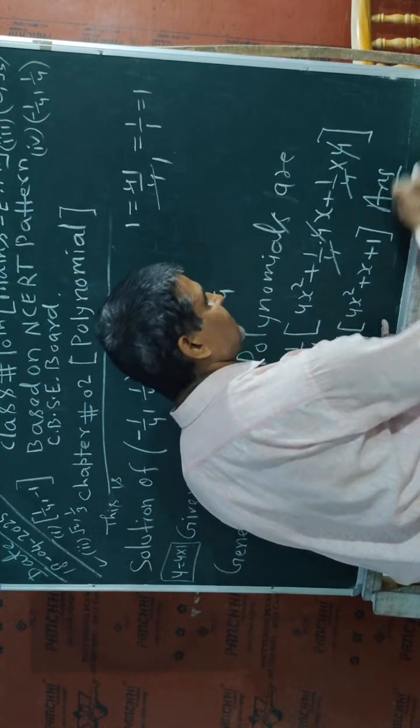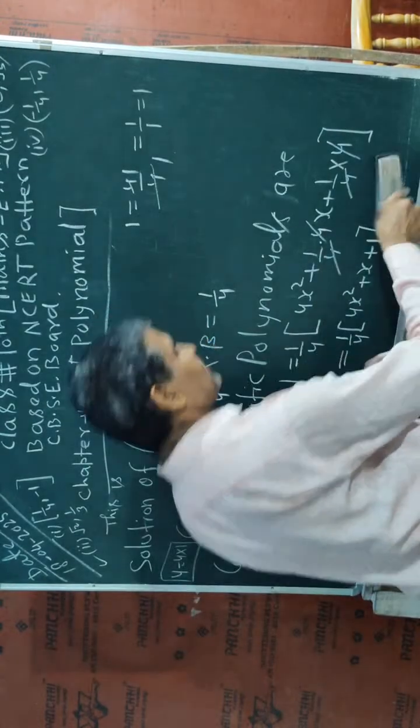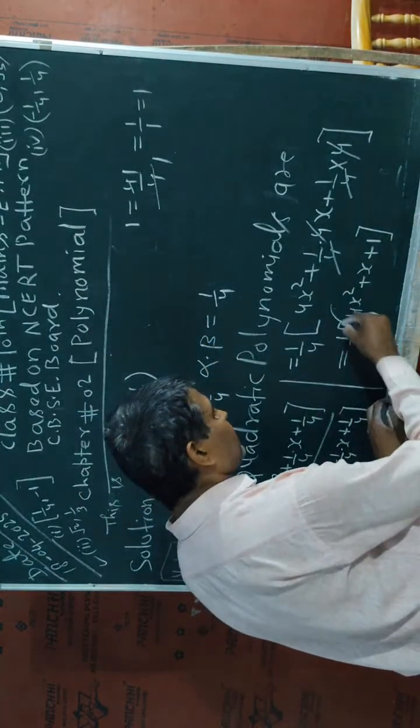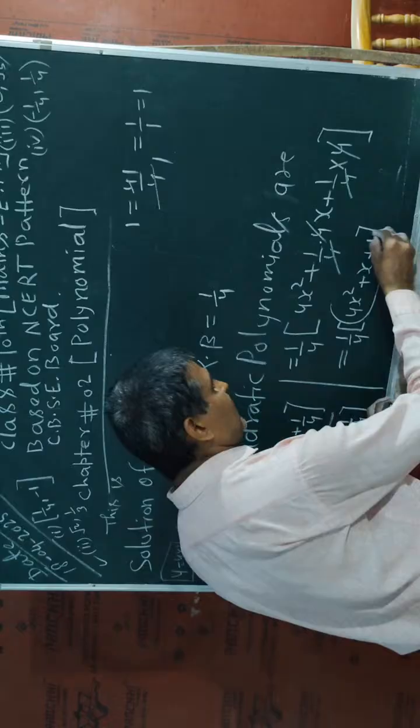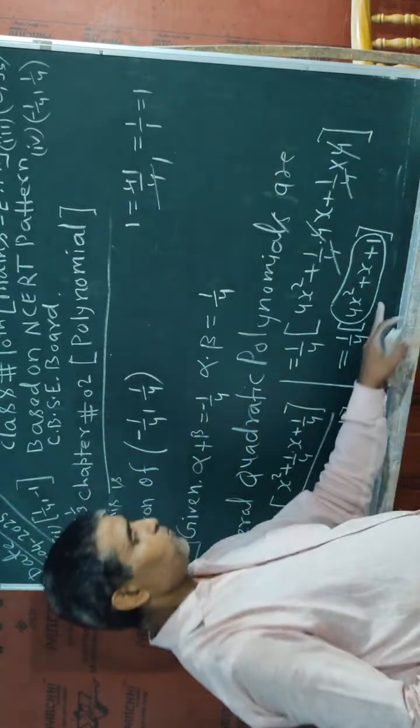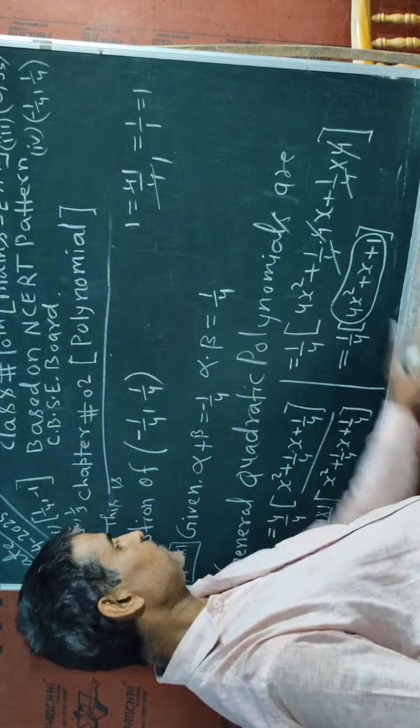This is the answer. In other words I can say that this data written in the bracket is the polynomial, this is the quadratic polynomial.